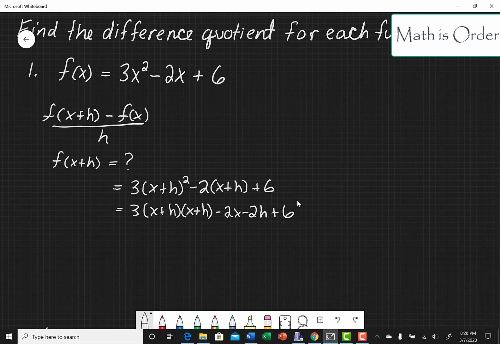Alrighty, and then we want to simplify a little further, just using the FOIL method here.